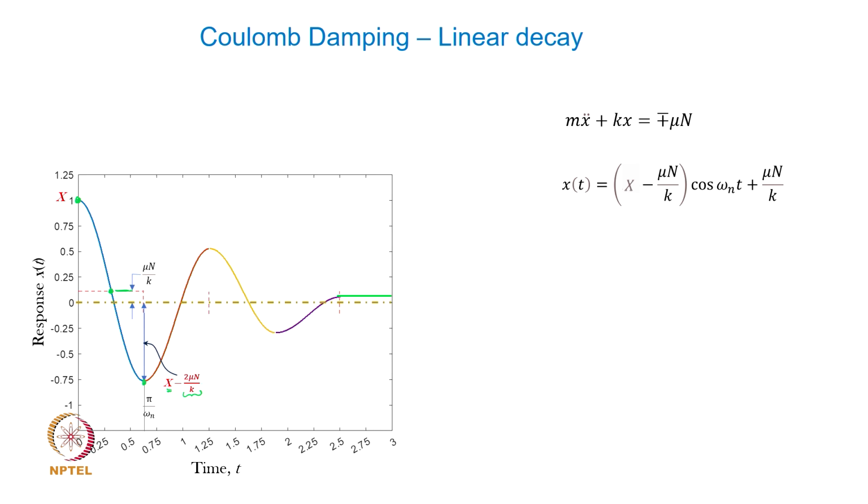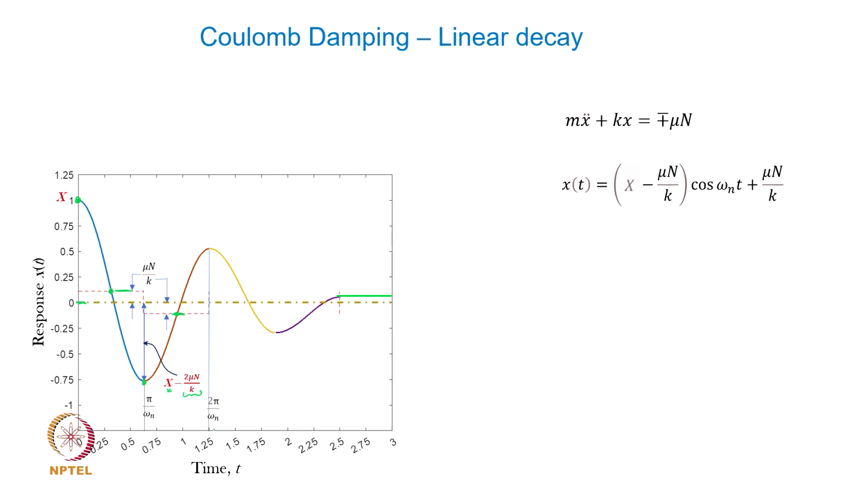That is what we discussed, and then when we subsequently found the response to the next half cycle, it was again a cosine term with this as the mean value. So, the mean point gets shifted from the mean equilibrium position 0 by a value equal to mu n by k again.